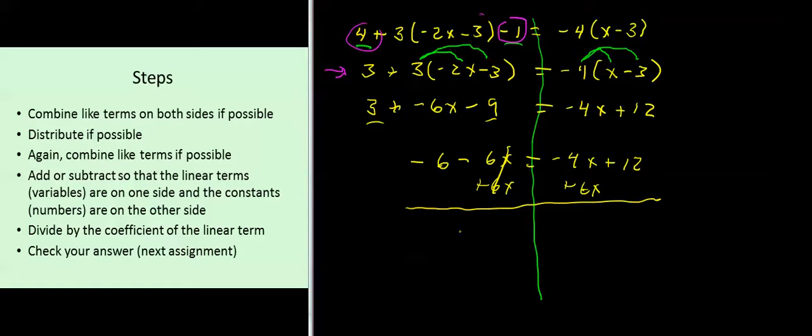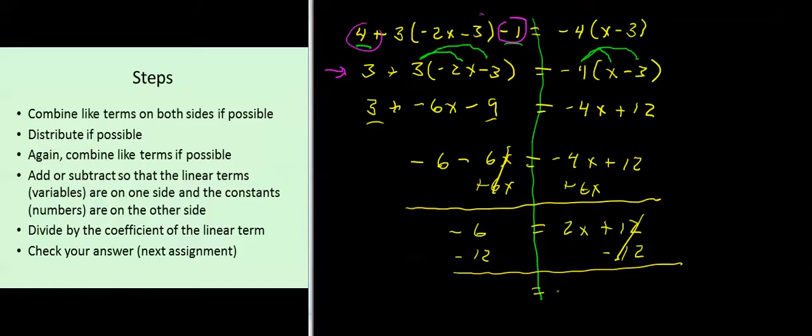These cancel, and I get negative 6 equals 2x plus 12. Since I have chosen to have my variable on the right, I'm going to subtract 12 from both sides. I subtract 12 because those cancel. And I end up with 2x equals negative 18.